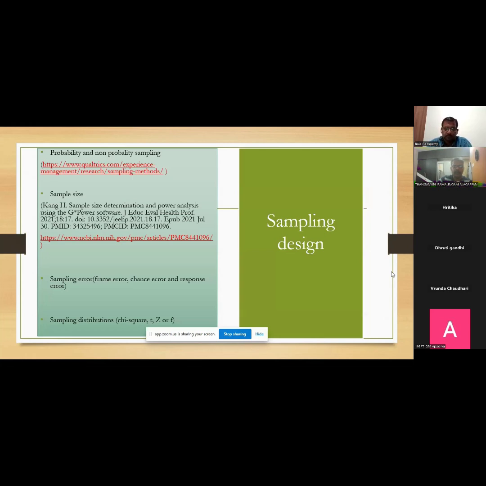So the members of the population have the equal chance to participate in the sample. That is called the probability. For example, if I have two groups, I have 4 people. All the 4 should have the equal chance to either go to experimental or control. They should not be influenced by any means. It should happen by chance. That is called the probability sampling.